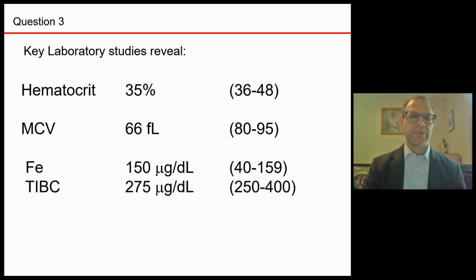This combination suggests that this person does not have iron deficiency, but has a hemoglobinopathy. The reason for that is that in hemoglobinopathies, the size of the red cell becomes very small, disproportionately to the degree of anemia.